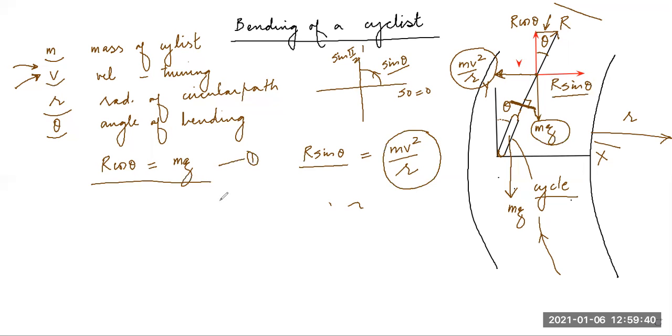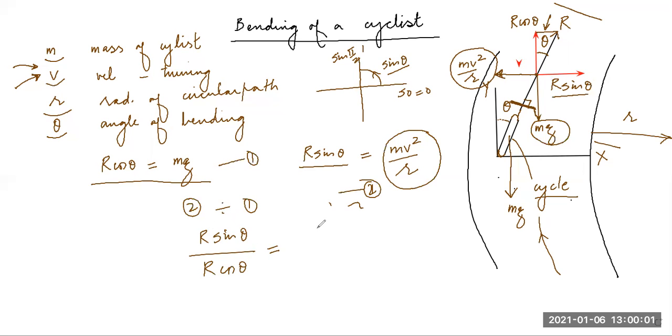Now what I can do, let's say this equation is 2, I can simply divide equation 2 by equation 1. So it will be R sine theta divided by R cos theta, which will be equal to, R will cancel with R, it will become only tan theta.